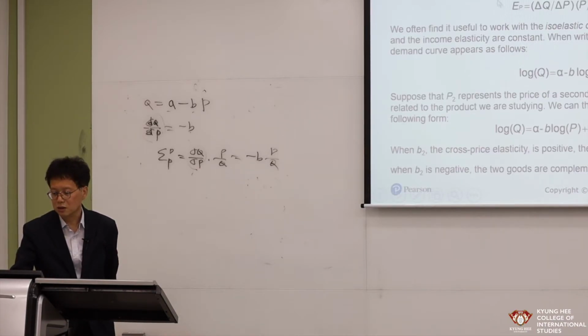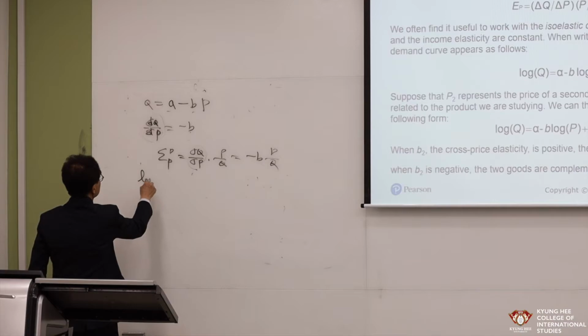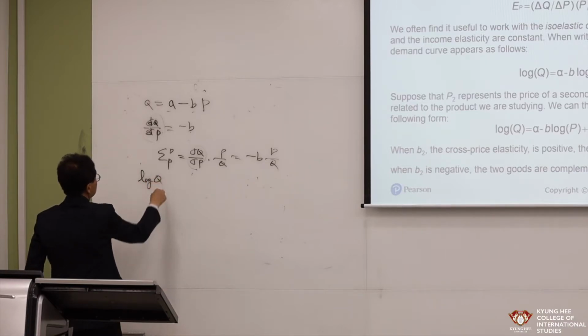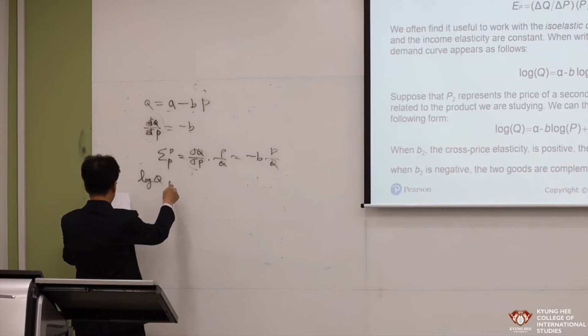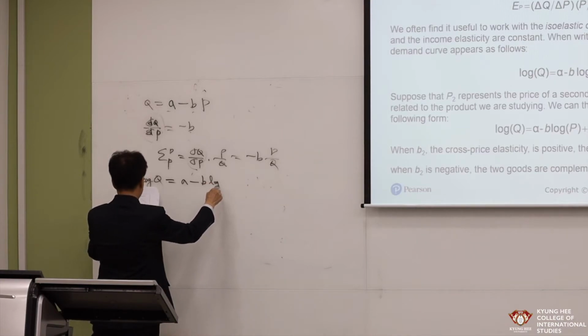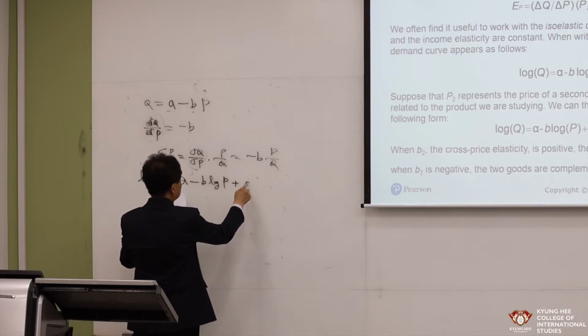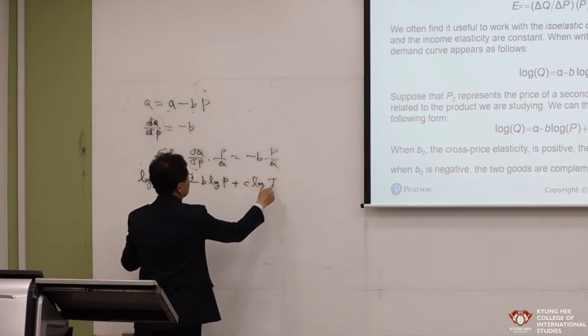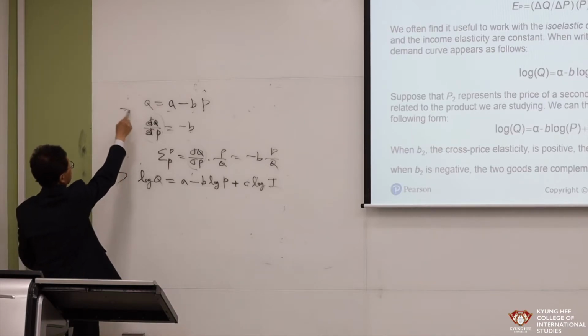Instead of this Q equals A minus BP, economists usually use the demand curve as a logarithm. That is, log Q is equal to A minus B log price, natural log for example, plus C log income, right?